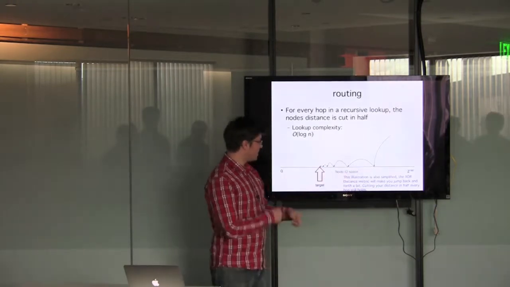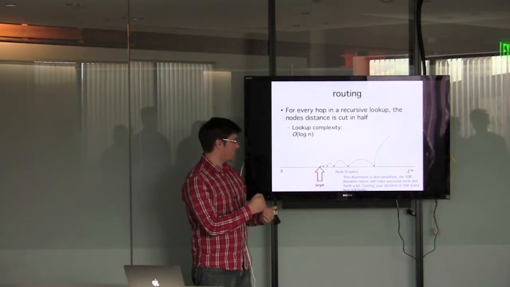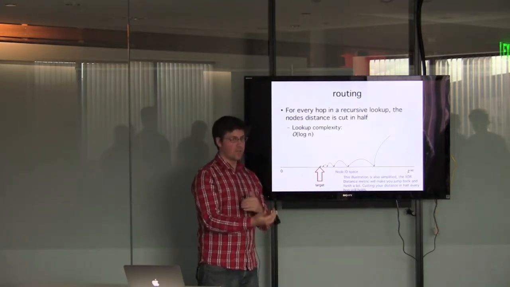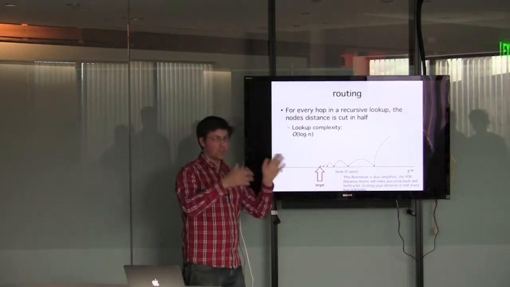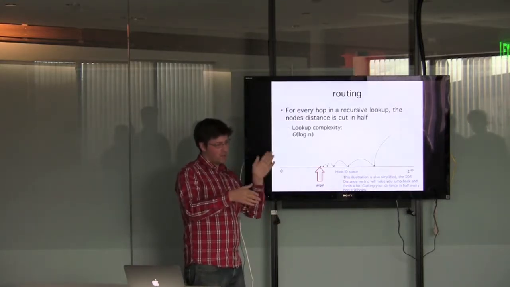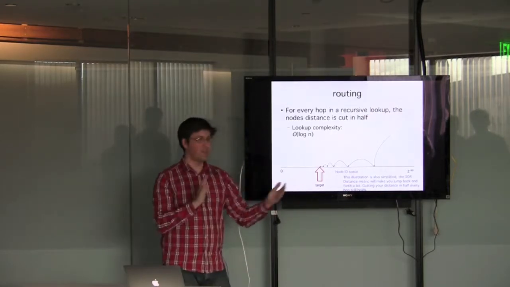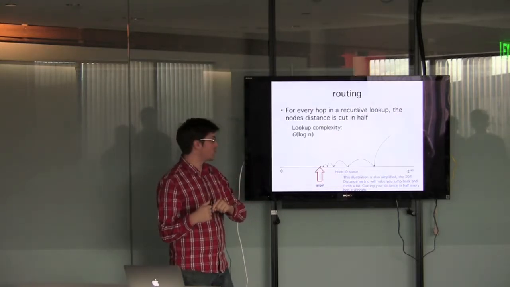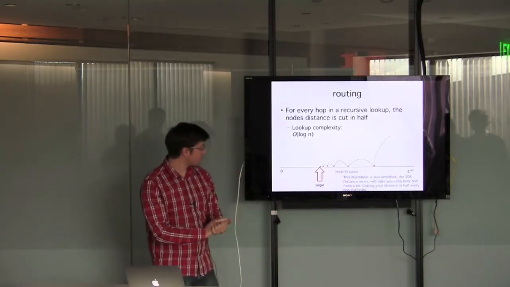And for every step that you make, every hop, you will, on average, cut your distance to the target in half. So this is a binary search. The reason you cut it in half is because of this division where buckets are divided in half, and when you ask someone who's closer, their buckets will be divided differently than your own buckets, and they will have much finer granularity of nodes.